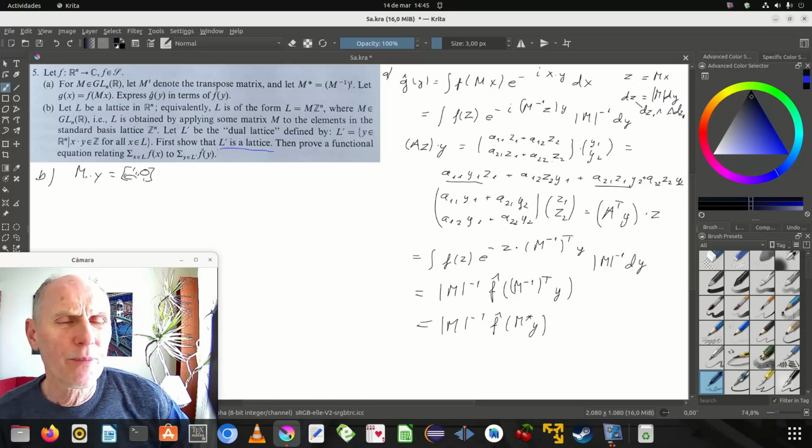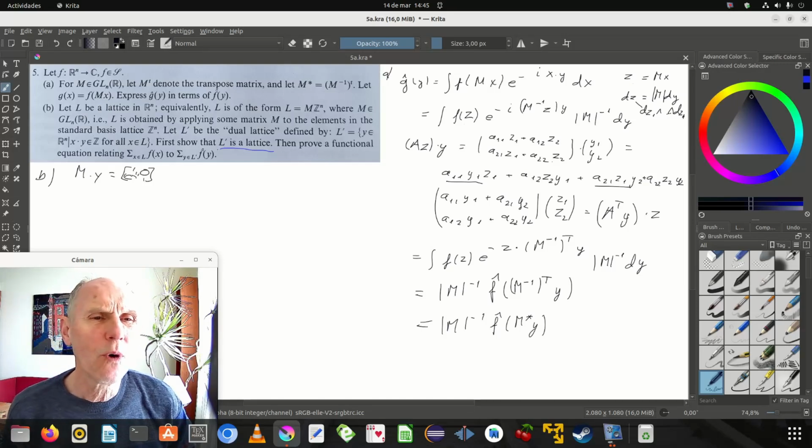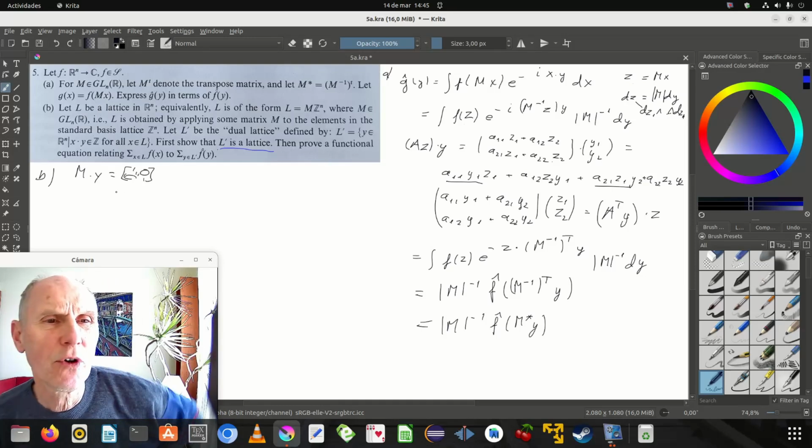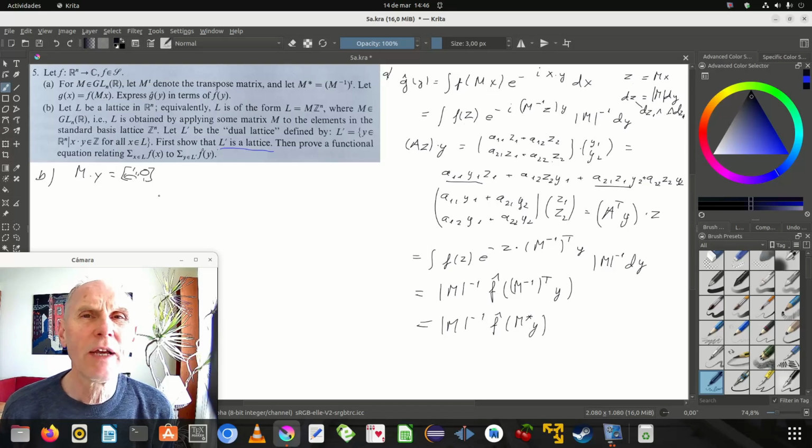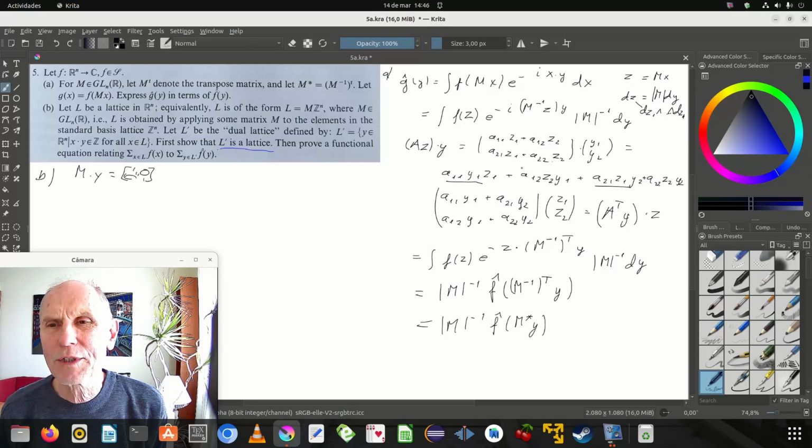Actually, I think I've done this before and found that we had to transpose M and then invert it. And that's not what I get here. I just get y is the inverse of M, and I think that's wrong. So we'll just do the same job here.